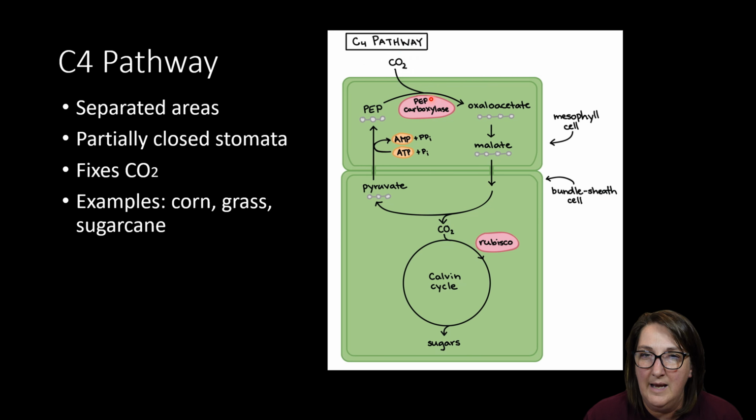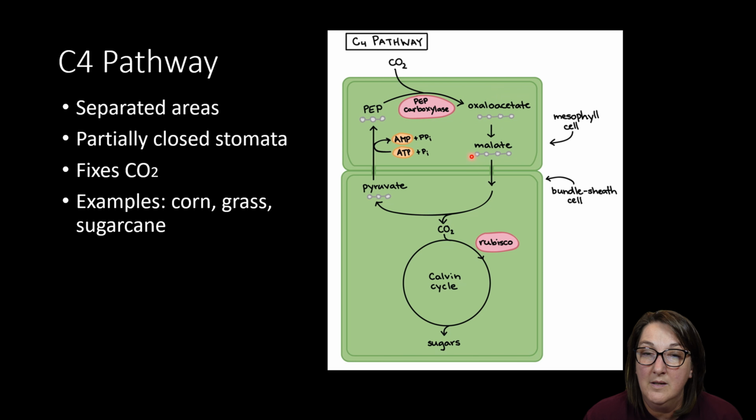So you have an enzyme and you have a PEP compound that comes in. This PEP carboxylase, remember ASE is an enzyme, it pulls this carbon dioxide and attaches it to this PEP. It turns into oxaloacetate and it turns into malate. And this carbon dioxide is just tagged onto here.